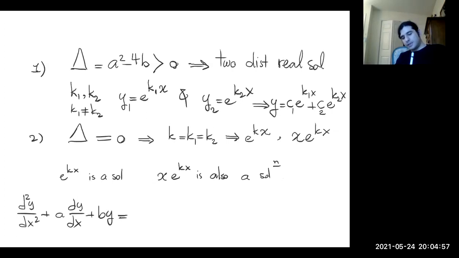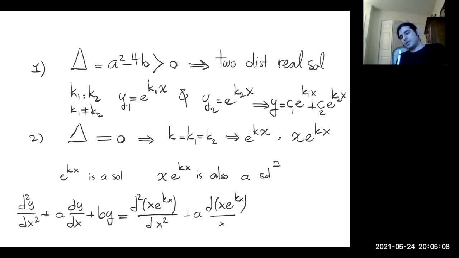Well, this would be the second derivative of x e to the kx with respect to x, plus a times the derivative of x e to the kx with respect to x, plus b x e to the kx, right?